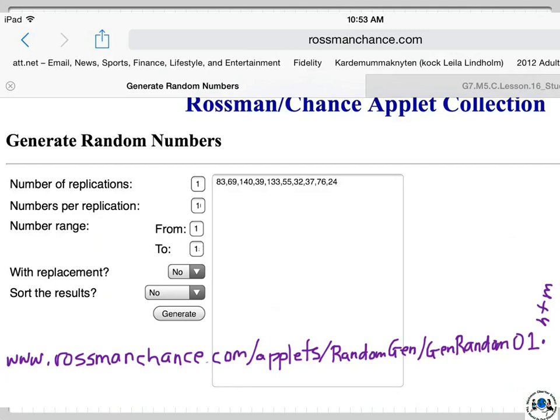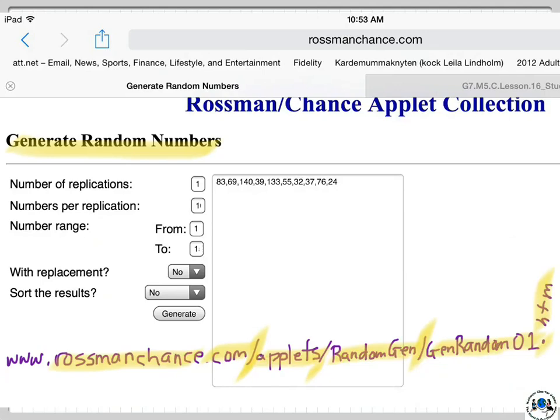You can see there it's www.rossmanchance.com/applets/RandomGen/GenRandom01.htm. Rossman is spelled R-O-S-S-M-A-N. These are all case sensitive, so there's a capital R, then ANDOM, then a capital GEN, then gen random, again paying attention to the uppercase G and R. Hit enter, and you should come up with something that looks like this, the Rossman Chance Applet Collection, Generate Random Numbers.